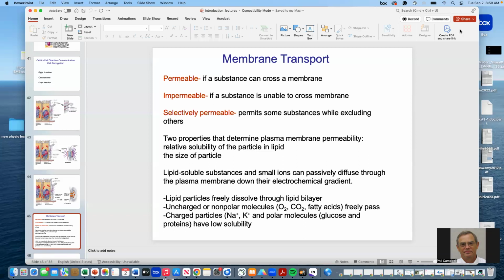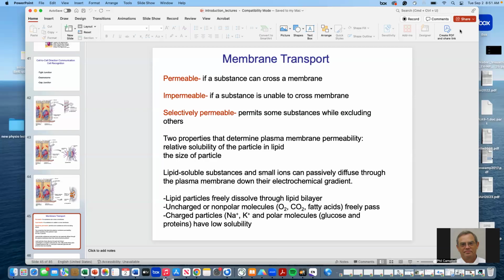If it's impermeable, it's repelled and can't go by itself; it cannot cross the phospholipid bilayer. If it is selectively permeable, some things can pass and some things can't. Your plasma membrane is selectively permeable because some things can pass through directly and some things cannot.